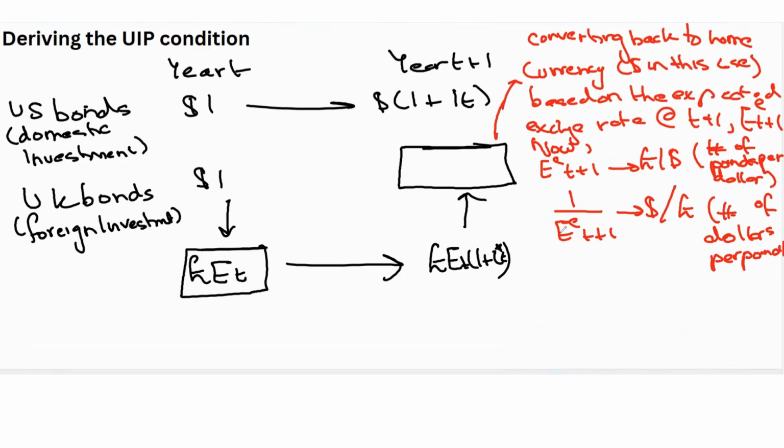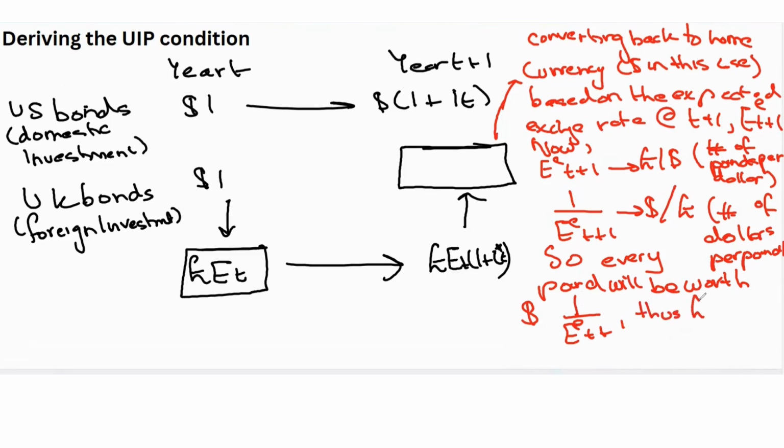So every pound will be worth how many dollars? Every pound is worth 1 by ET plus 1 dollars, right? That's what we're saying. The way the exchange rate is defined is the number of pounds per dollar. The way the reciprocal of the exchange rate is defined is the number of dollars per pound. So 1 pound is worth 1 by ET plus 1 dollars.